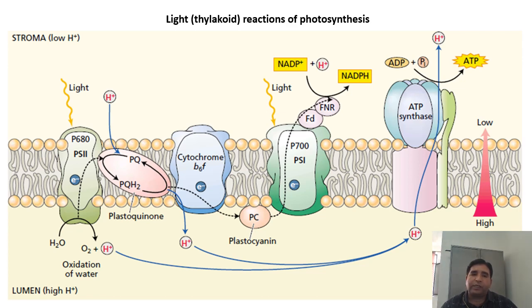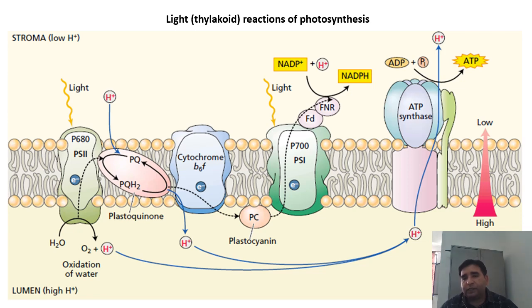When electrons are transferred one by one from photosystem 2 to cytochrome b6f, then via plastocyanin to photosystem 1, in this process NADP is reduced into NADPH and protons are formed.